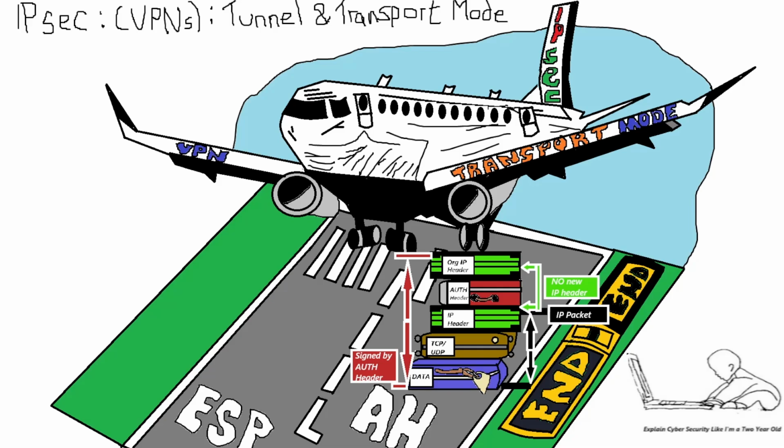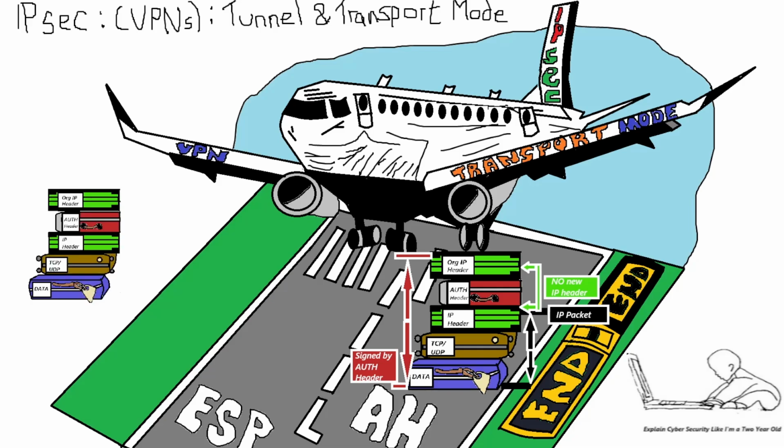So what does the ESP header look like in transport mode? Well, similar to the authentication header, we have the original IP packet, but with some additional ESP header components, starting with the ESP trailer, which again alongside the ESP header, not to be confused with the auth header.